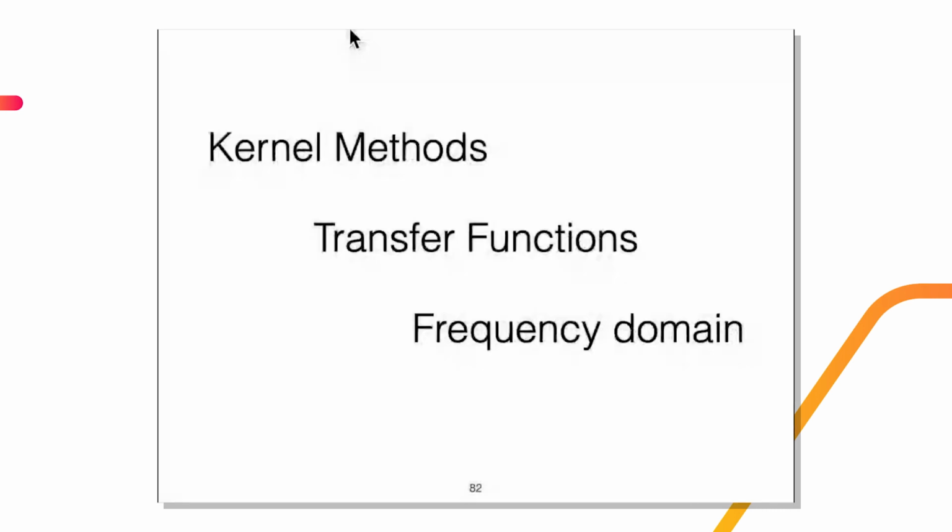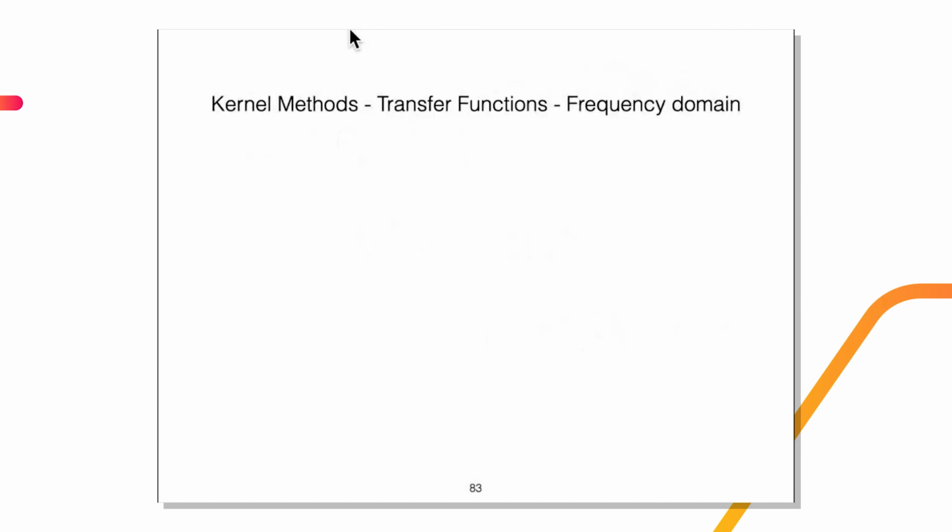So to wrap up, what we talked about here were kernel methods applied to estimating transfer functions, and we use it in the frequency domain. What I discussed a bit more in detail were the transients, which appear for finite window lengths, and how you can deal with that using kernel-based techniques as well.